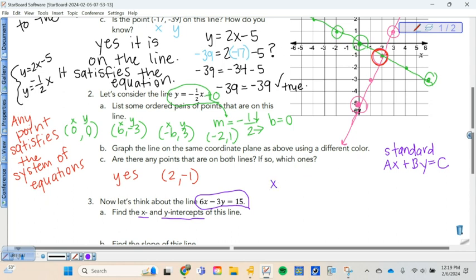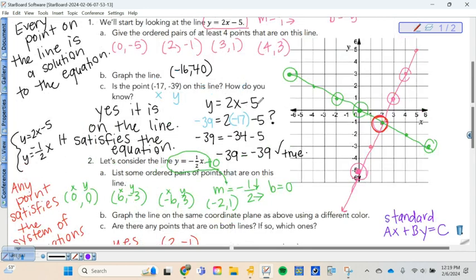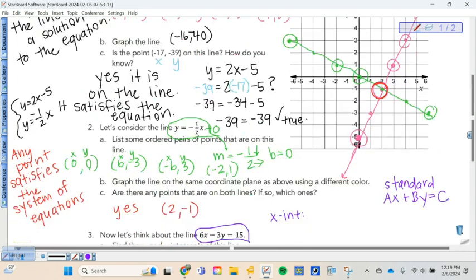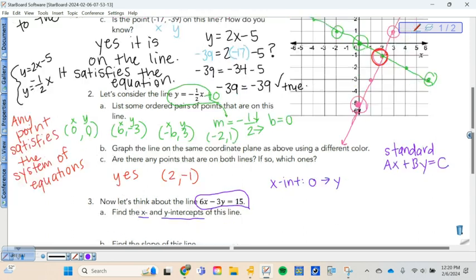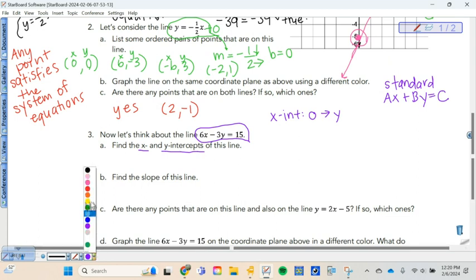So to find the x-intercept, that's where my line is going to cross the x-axis. So that means that the y-coordinate of that point is going to be 0. So to find the x-intercept, we're going to plug in 0 for y. 6x minus 3y, but now y is going to be 0.